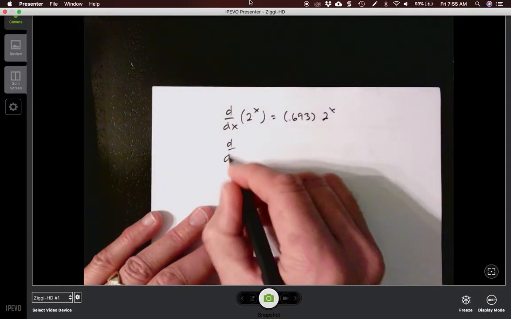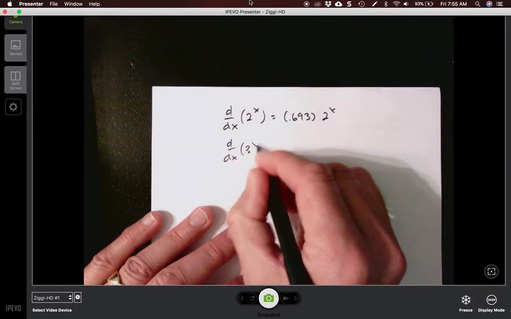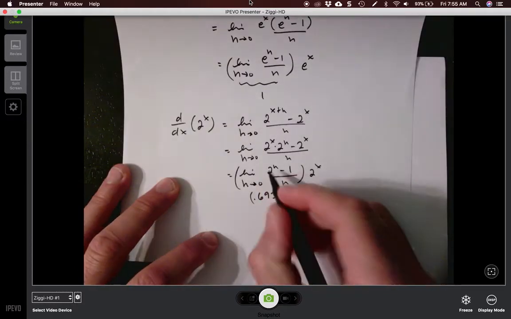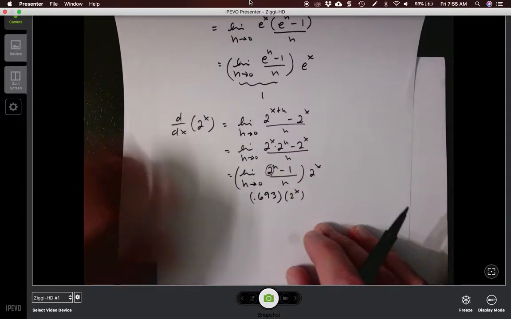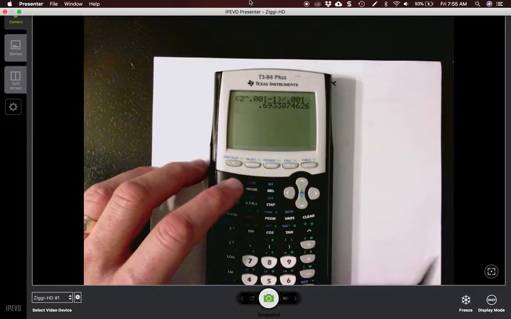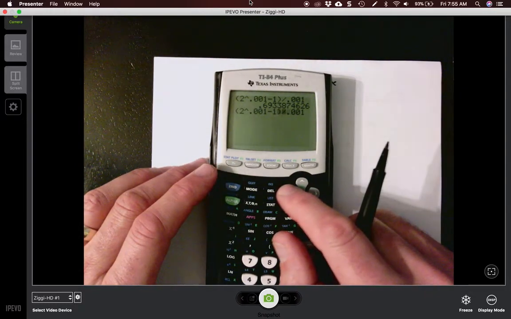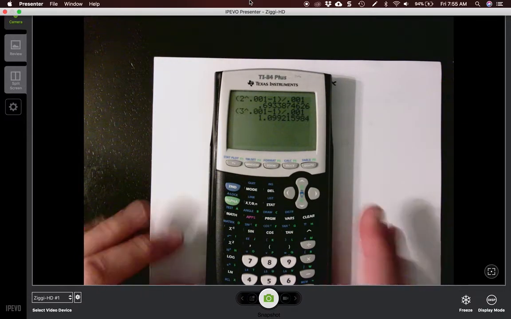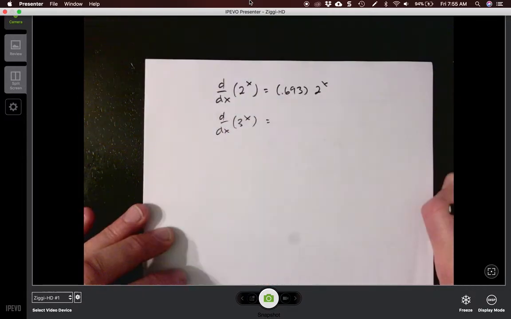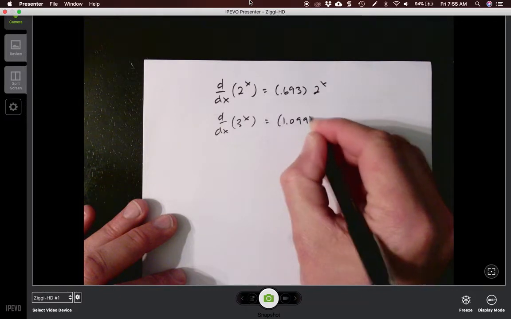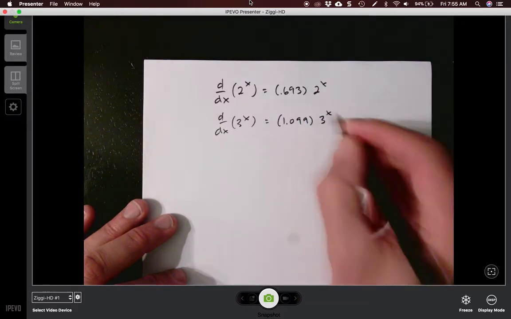If I take the derivative with respect to x of 3 to the x, we end up getting something that looks exactly like this, but instead of a 2, we have a 3 here. If I replace this 2 with 3, I get 1.099. So this is going to be 1.099 times 3 to the x.